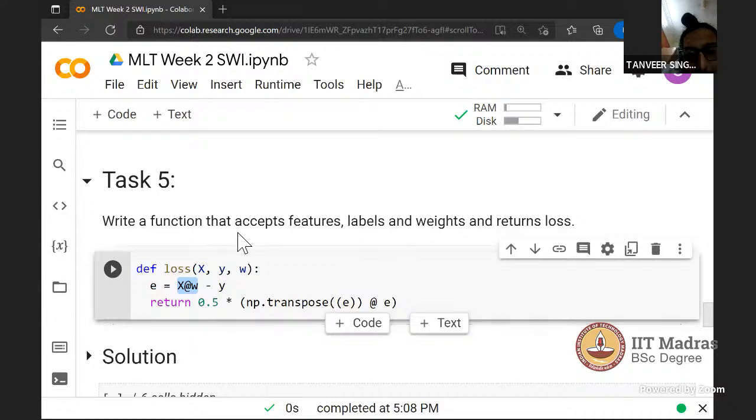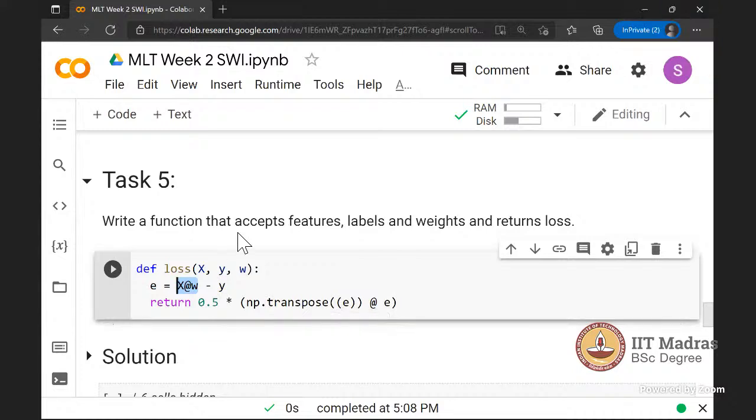It's a matrix multiplication of weights and features. What is it going to give us? It will give us the prediction. Yes, we had the predict function. Absolutely right. So if you multiply the feature vector with the weight vector, we are going to get the predictions for all those samples.